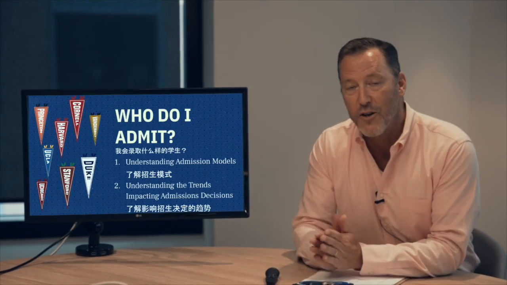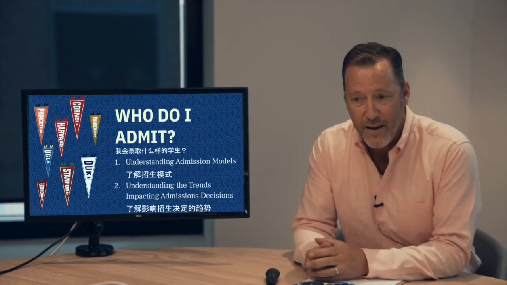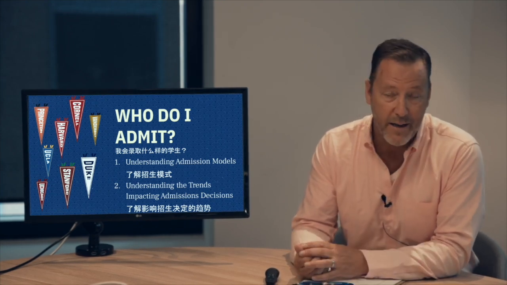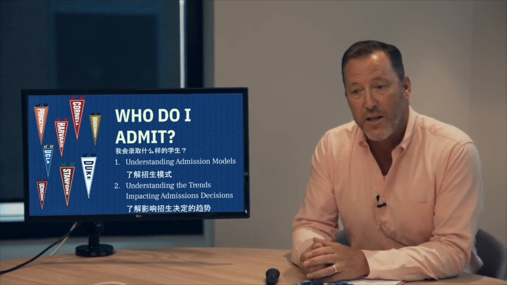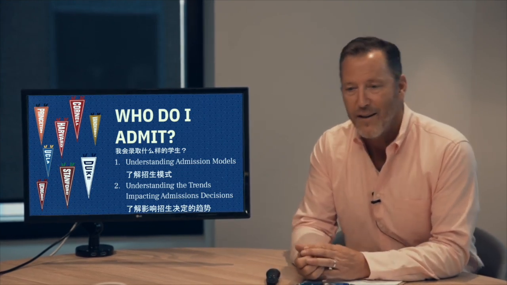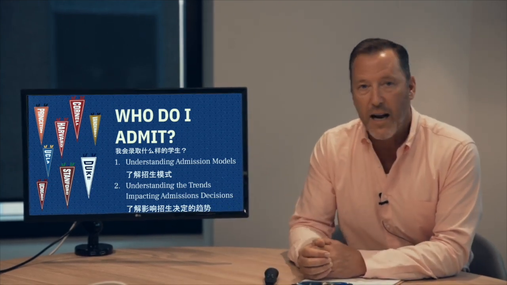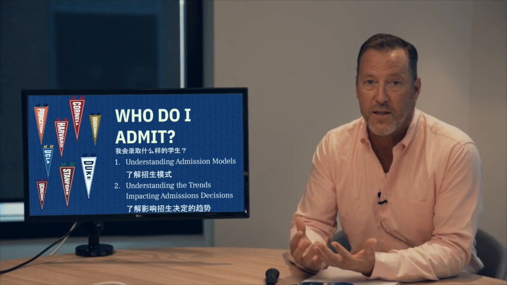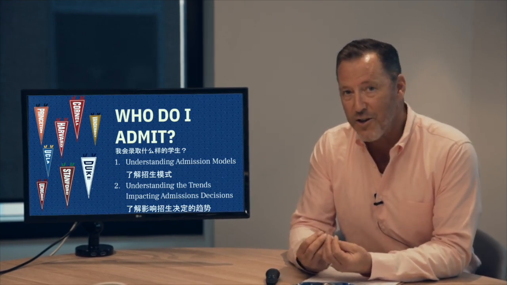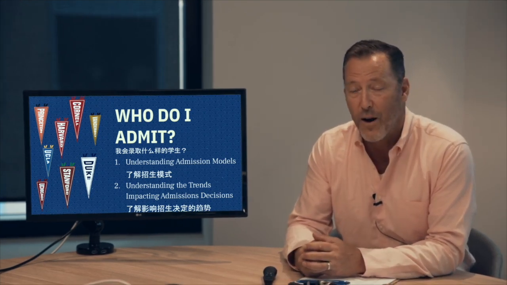The most basic question driving any admissions office is going to be, who do we admit? And quite frankly, that's going to come down to what type of admissions model you are running. So my goal at the end of this presentation is that you will understand the different admission models used by American universities. And then the second thing that goes beyond who do I admit is, what are those external trends impacting admissions decisions that have very little to do with the application and very much to do with larger socioeconomic or global political themes in the evaluation process.